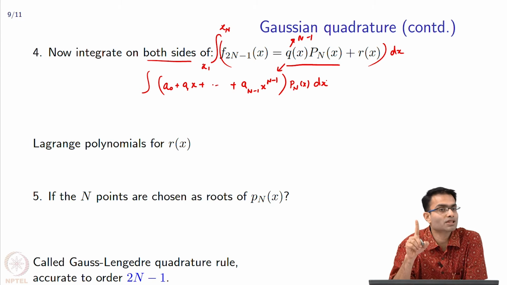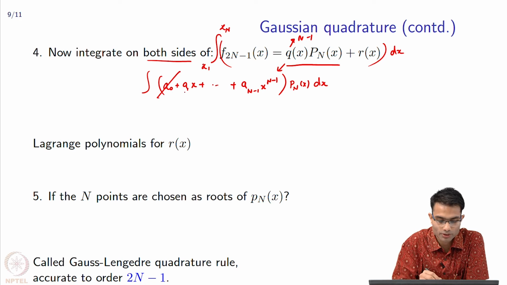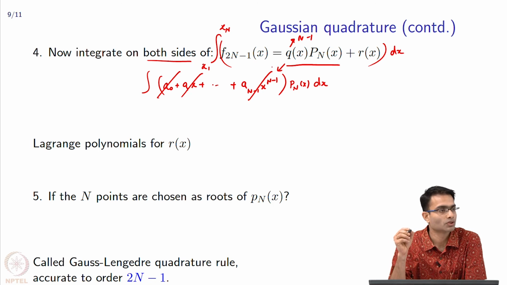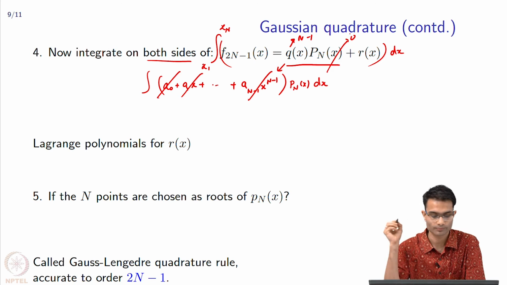But how did we construct these p_n's? Orthogonal to every degree less than it. So, it is orthogonal to each of these terms, and the first term goes to 0.